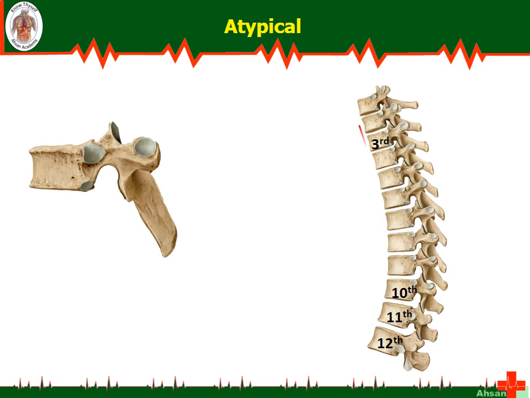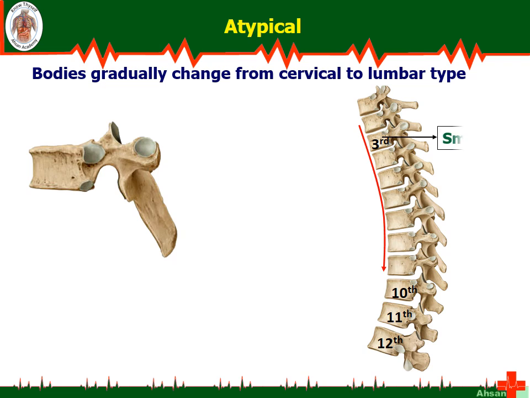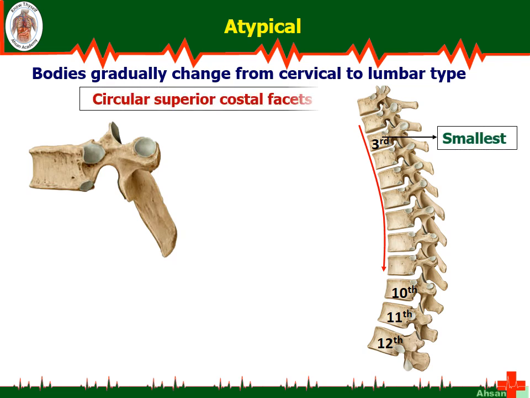Atypical thoracic vertebrae, as we have discussed earlier, are the first thoracic, 10th, 11th and 12th thoracic, and sometimes the 9th is also atypical. The articular facet present on the body of the first thoracic vertebra is circular in nature. The inferior one is very small. The body gradually becomes smaller in the thoracic vertebrae, and the third thoracic vertebral body is the smallest one. Then again it gradually increases in size.